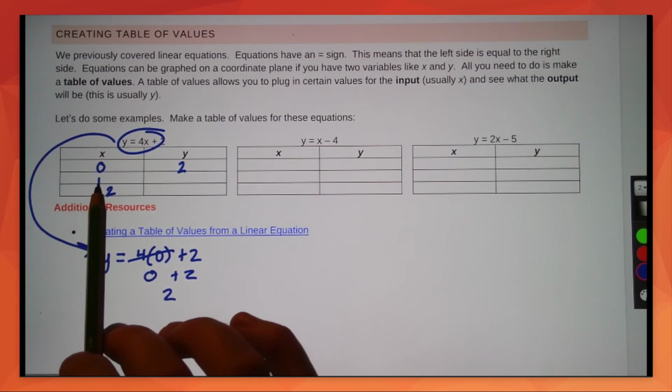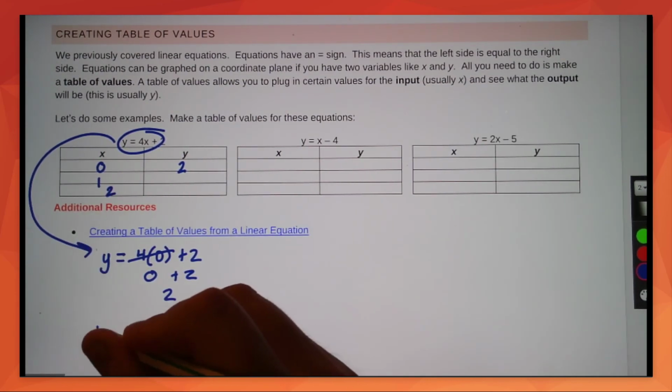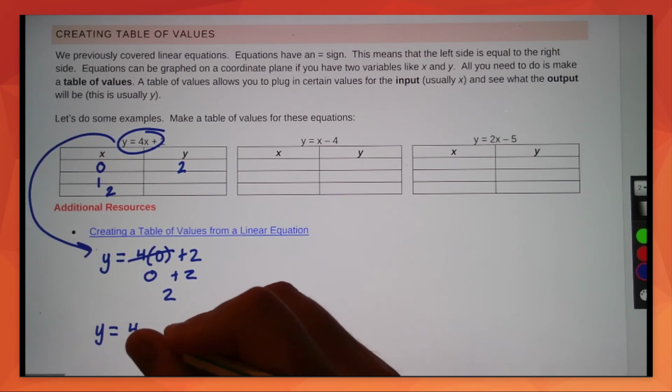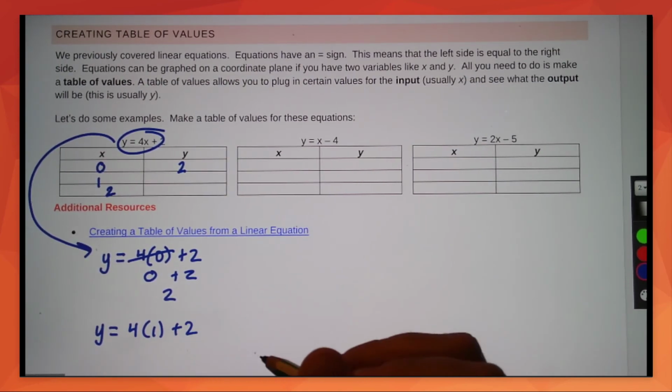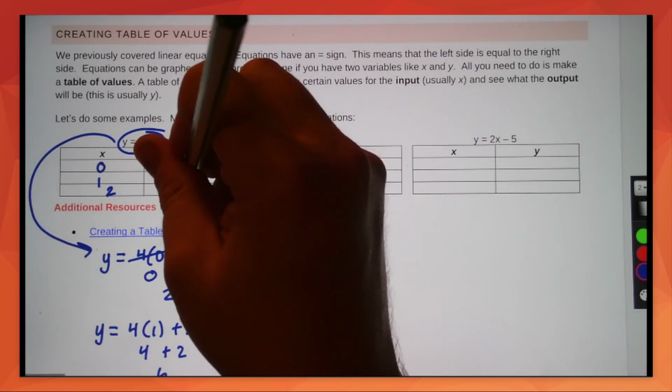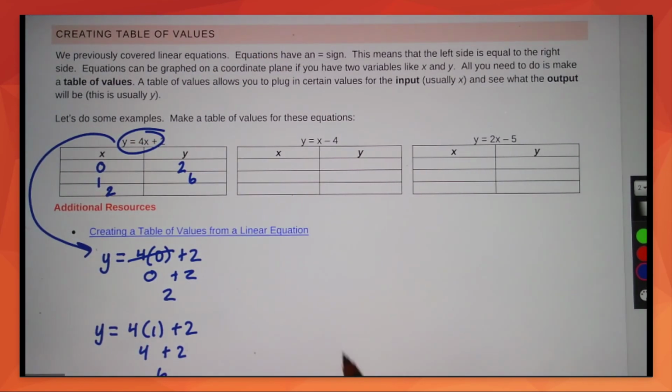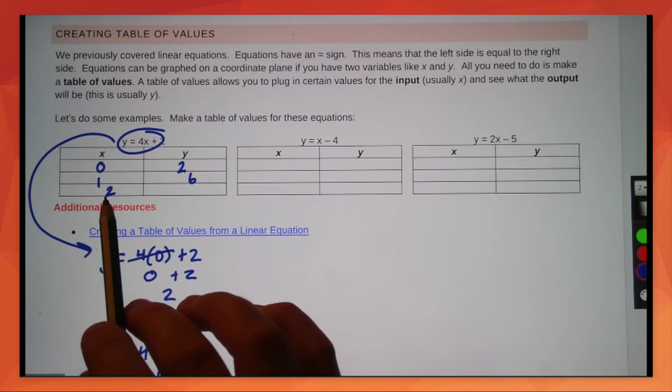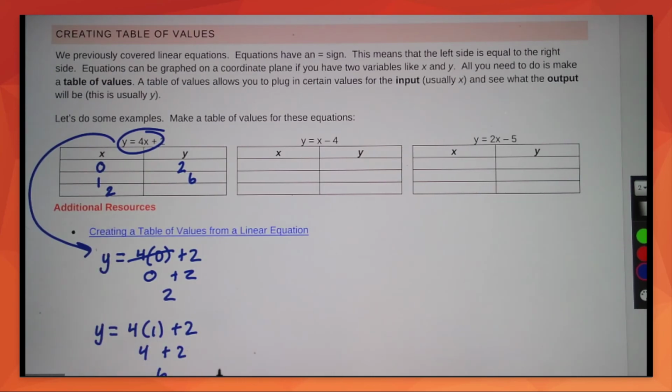Let's do it with 1. So if x is 1, that's going to be y equals 4 times 1 plus 2. Well, 4 times 1 is 4, and 4 plus 2 is 6. So the output is going to be 6. Let's do it one more time where the x value is going to be equal to 2.